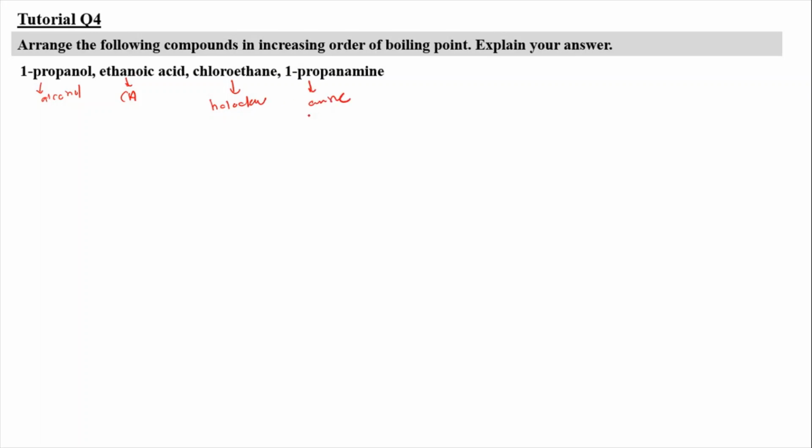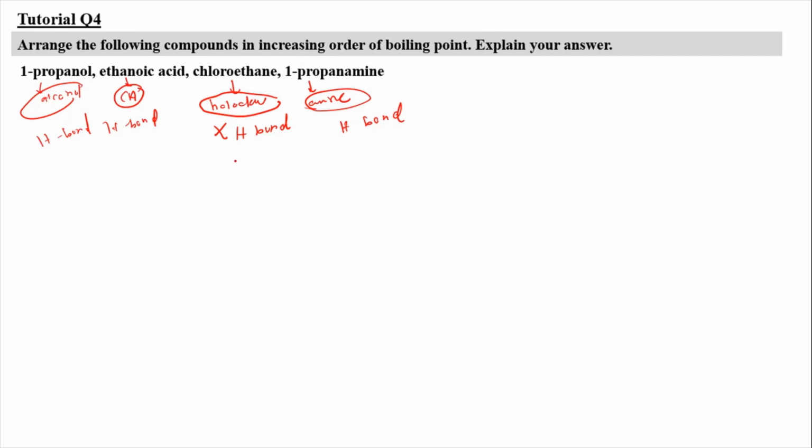The haloalkane cannot form hydrogen bonding, whereas the amine, alcohol, and carboxylic acid can. So the haloalkane, because it cannot form hydrogen bonding, is going to have the lowest boiling point. So it is going to be number 4.